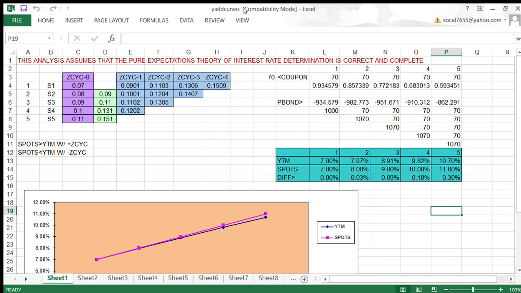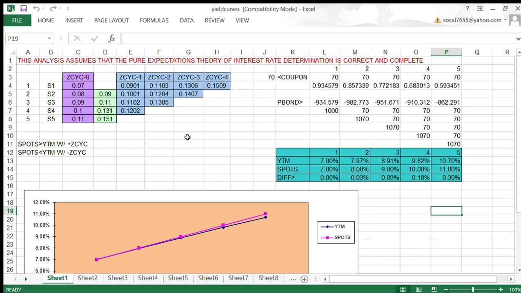So here I have my yield curve spreadsheet, and I just wanted to show this to you. Notice that this analysis assumes that the pure expectations theory of interest rate determination is correct and complete. Okay, now in the real world it's not. It's correct but not complete.